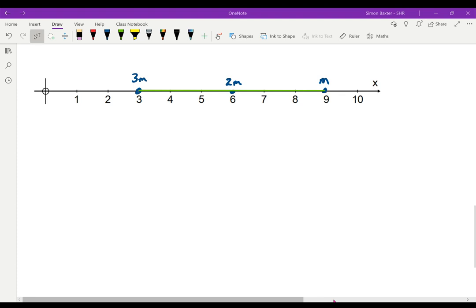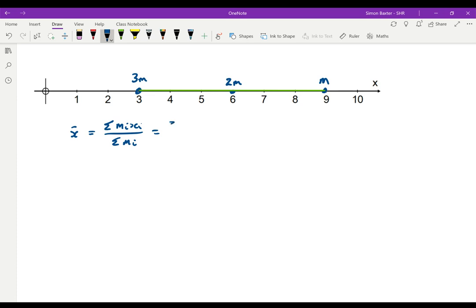Let's suppose that we use the formula again. X bar is equal to sigma mi xi divided by sigma mi. This will be 3m times 3 plus 2m times 6 plus 1m times 9, all divided by 3m plus 2m plus m.